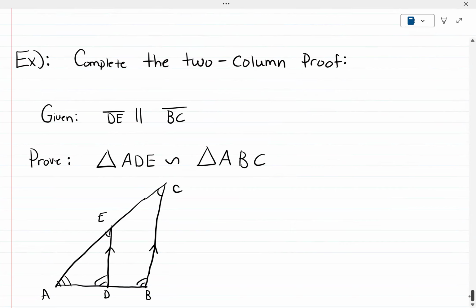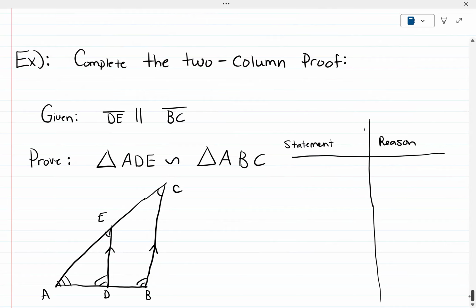So how do we know? How do we prove two triangles are similar? We've got to first prove that two angles are congruent. It looks like we have two angles that are congruent. So let's write our two-column proof. Statement.